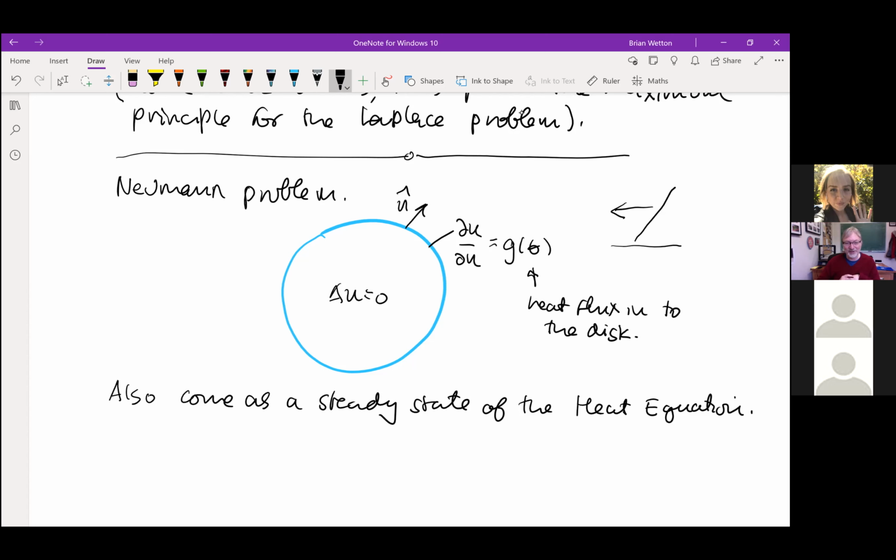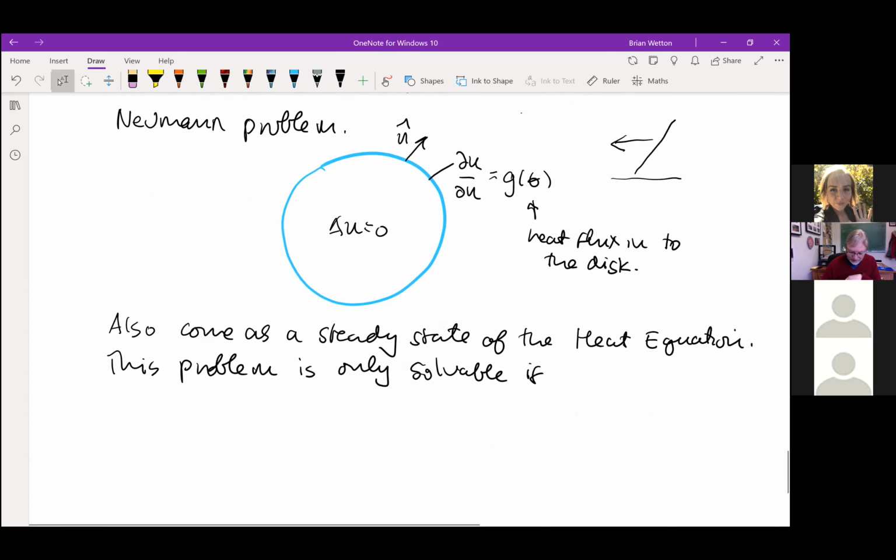It continues to heat up at a certain rate that depends on the net heat flux. So this problem is only solvable if the integral of g of theta d theta is 0.